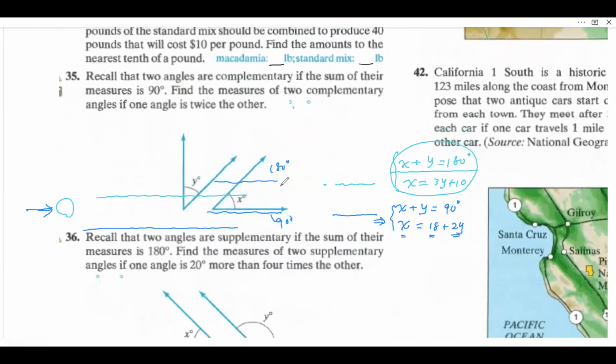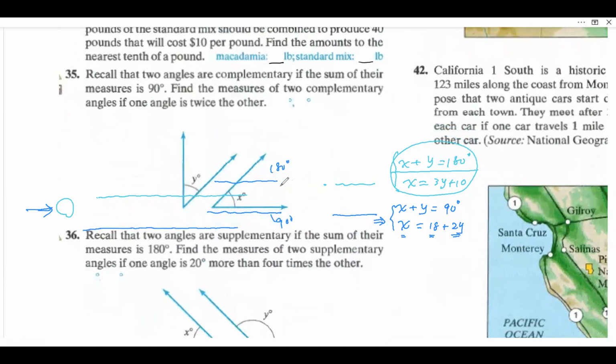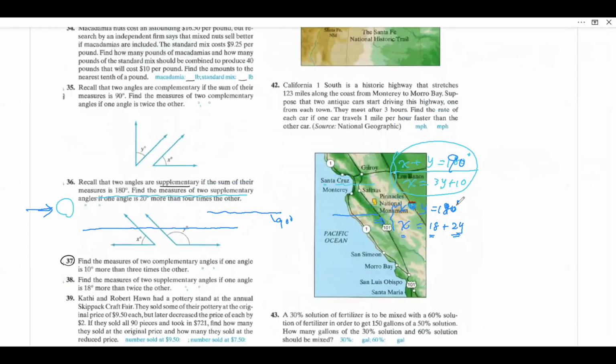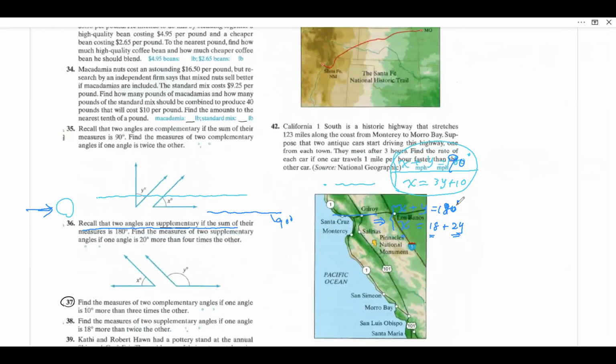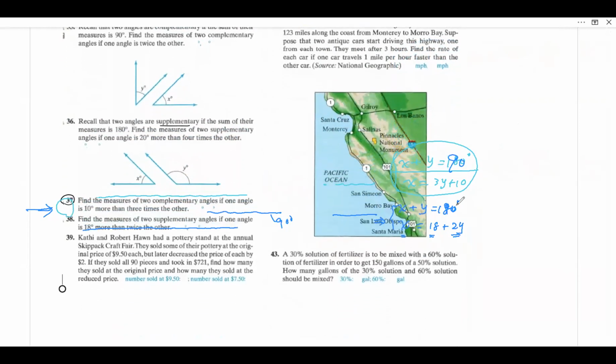Complementary, oh yeah, you are right. Supplementary is 180. Let me go back and check the earlier one. Complementary is 90, here is 180. You are right. Go back and check the earlier one to make sure we are correct. Thank you.